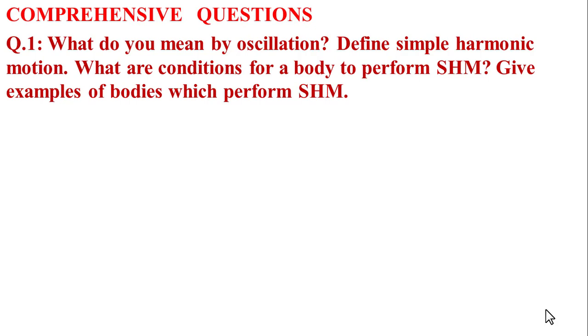First of all, understand the question. The requirement is to explain what is meant by oscillatory motion, define simple harmonic motion, write the conditions of simple harmonic motion, then write examples of bodies performing simple harmonic motion.